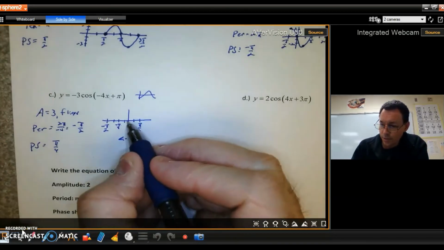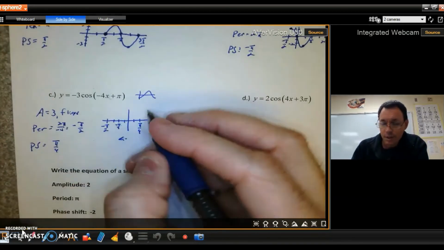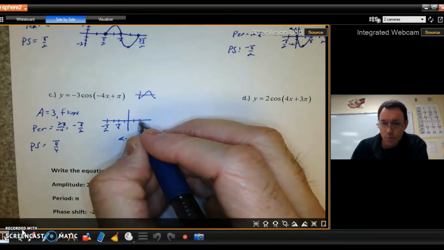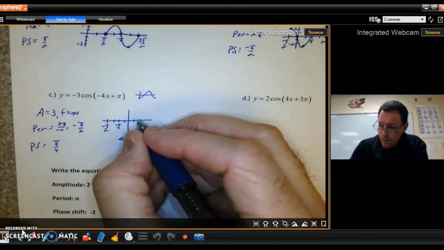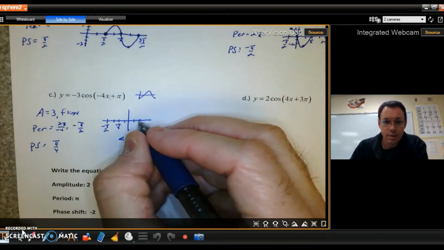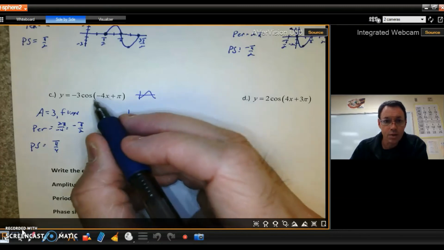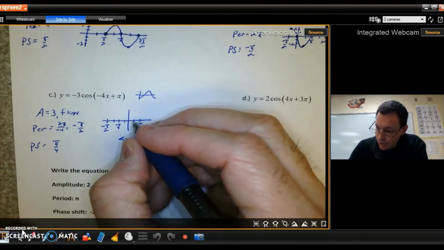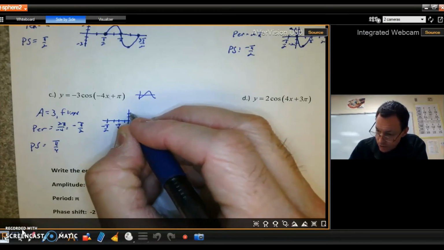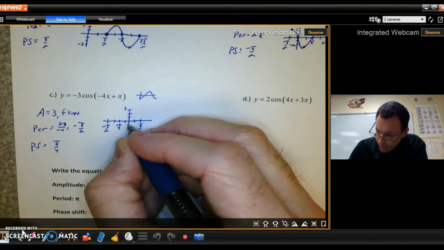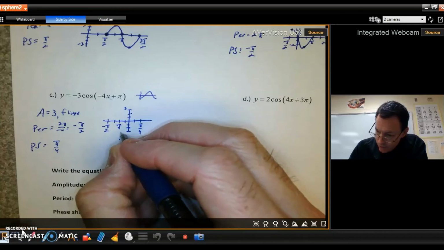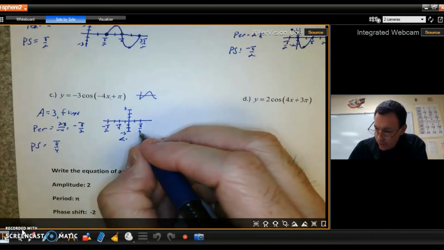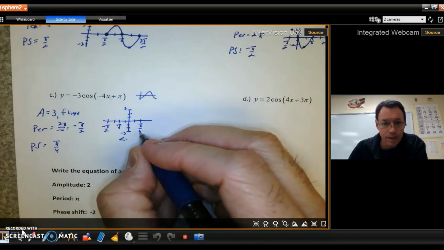Remember, I said it's going to go from right to left, but this is the rightmost edge of our graph. Now remember what we're drawing. We're drawing a cosine that has a negative amplitude. So it's going to start, so 1, 2, 3, up, 1, 2, 3, down. This is where the graph's going to start, right there where my 4 is.